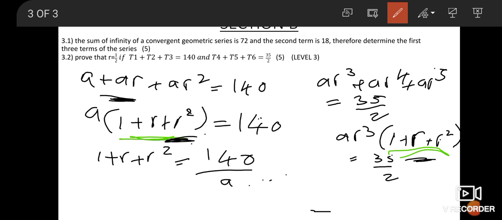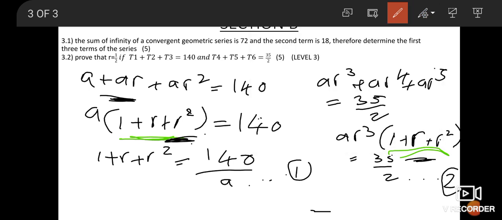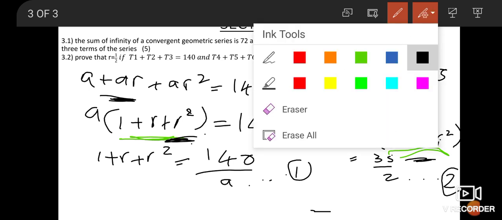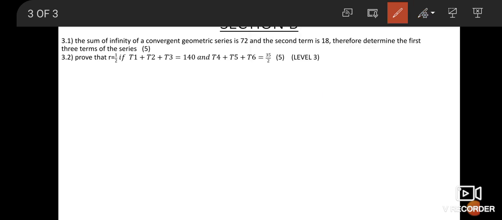So this basically becomes equation 1, this becomes equation 2. So now keep those equations in your head because we have to erase them. So let's erase them. Then rewrite the equations. We saw that 1 plus r plus r squared equals 140 over a.